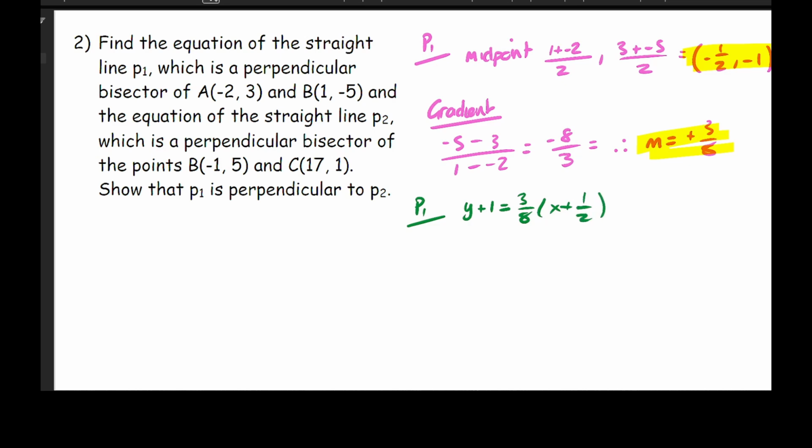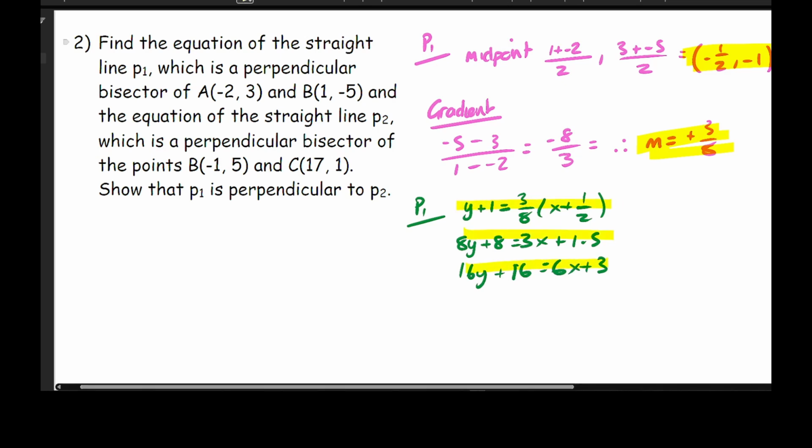And neatening all that up, we get something along the lines of 8y plus 8 equals 3x plus 1.5, or 16y plus 16 equals 6x plus 3. So whichever equation you prefer, that's going to be my equation for P1.